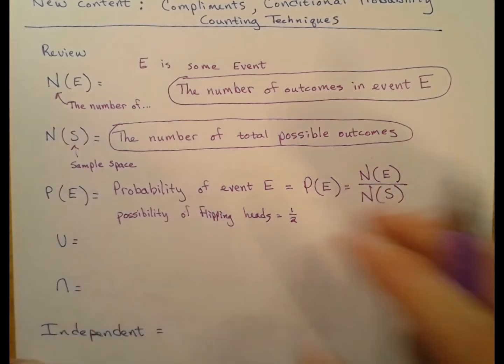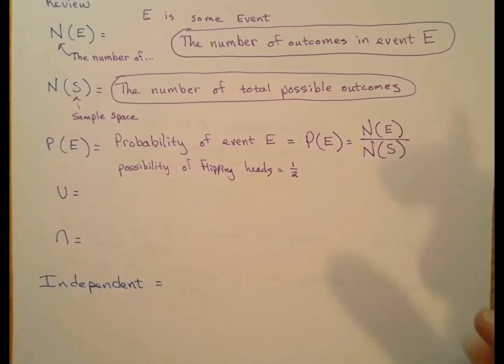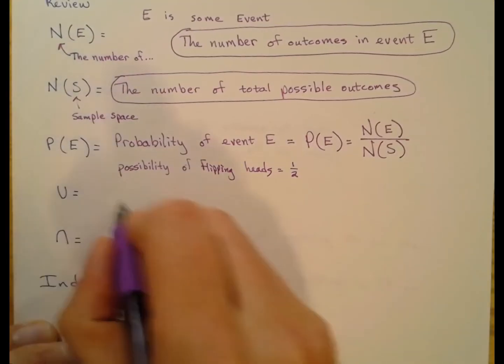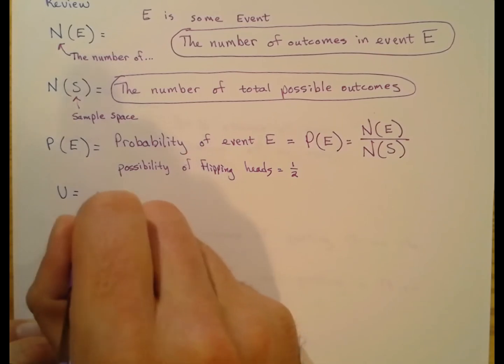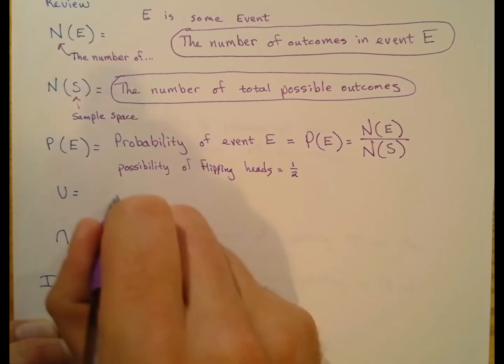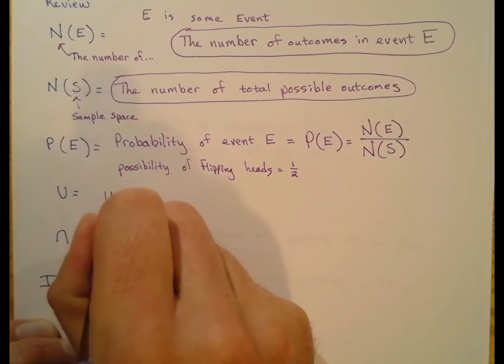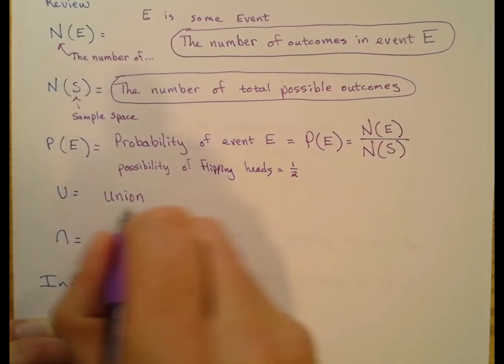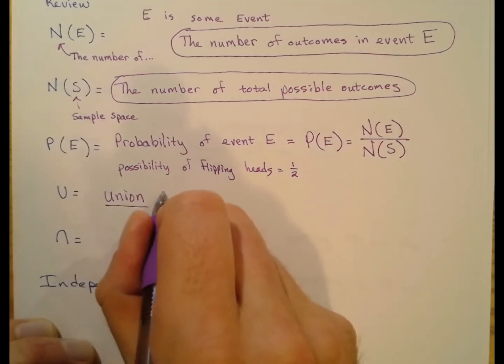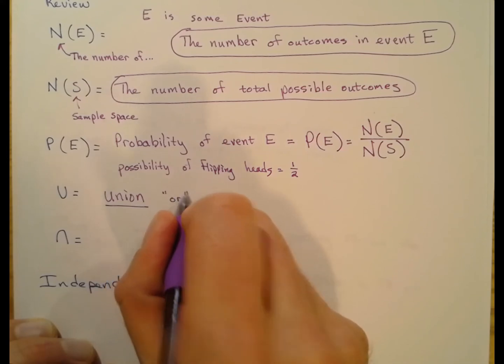All right. The next is union and intersection. It almost looks like a capital U, but there's no tail on it. This is the union symbol, and that is associated with the word or.